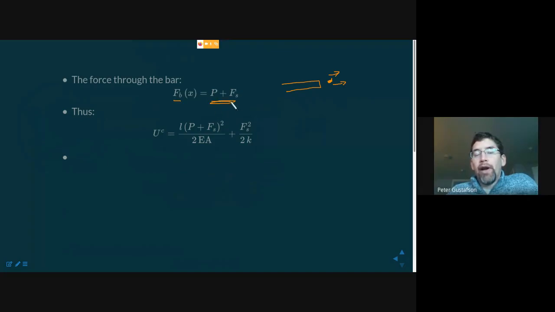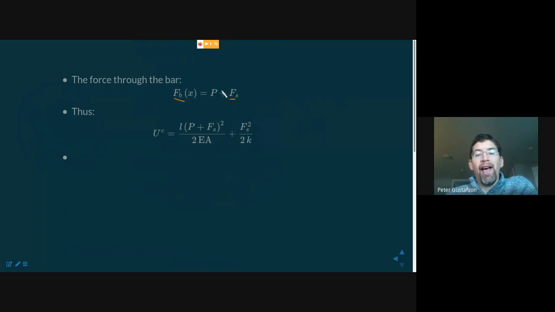This helps to differentiate the fact that the point force is not all carried by the bar, nor is it all carried by the spring. This is a force balance at the point of application of the external force P, and therefore it helps us to establish how much is carried through the bar and how much is carried through the spring.